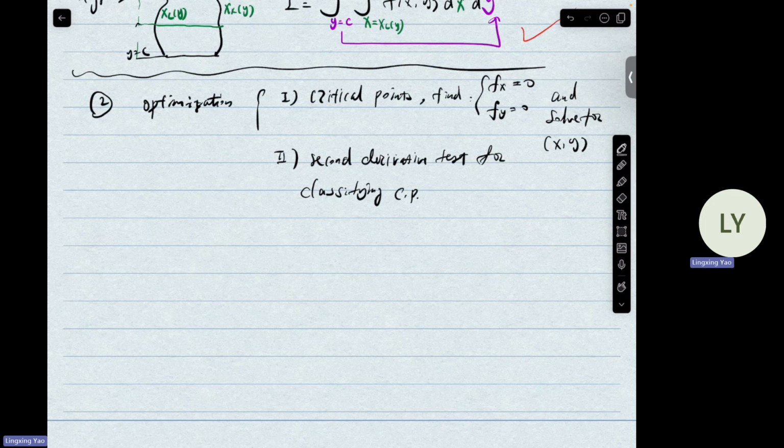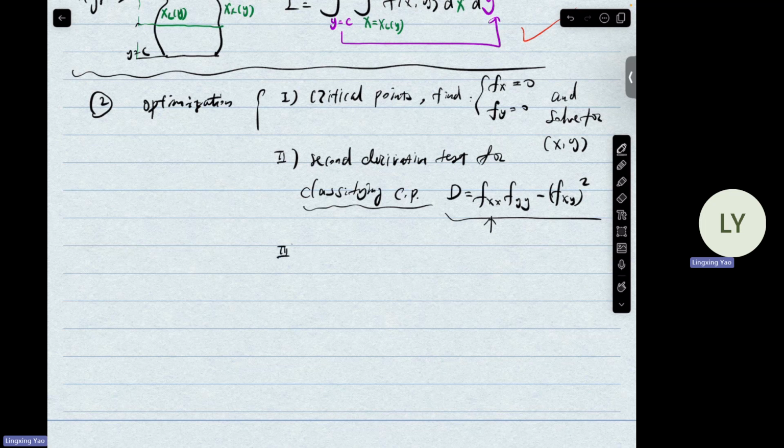And to use the second derivative test, there is one important formula we need to remember, which is the so-called discriminant, all right? And we can only tell about the local max, local min when this discriminant D is bigger than 0. And so, okay. And how about the others?